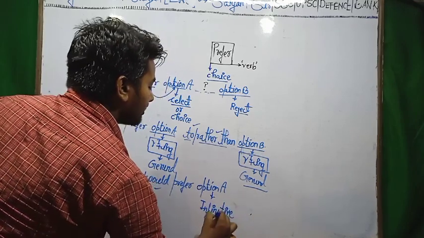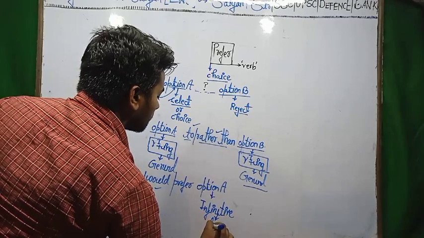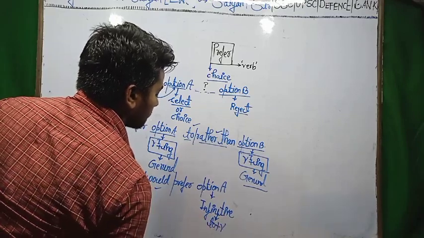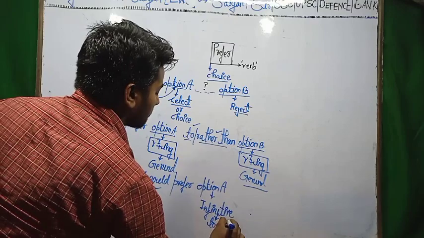If you ask what is infinitive, then infinitive is to plus the first form of verb. You can say the base form of verb.